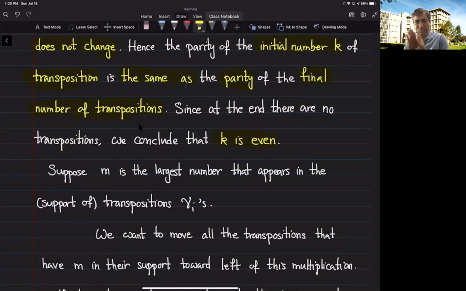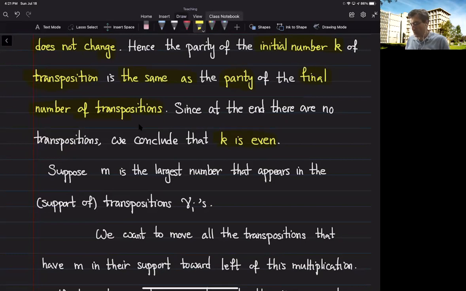So I can move this gamma sub i towards the left till I reach a transposition that's not disjoint from it. Now I have two possibilities. Either there is only one common point of their supports and that is m, or there is only one common point and that's not m, or there are two common points, and I have to deal with each of these cases separately.